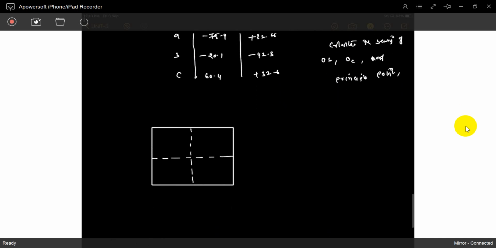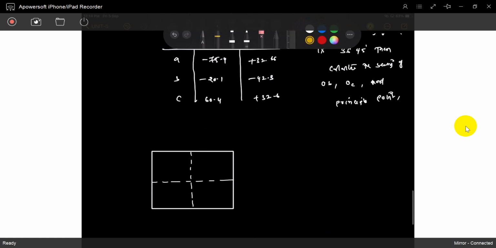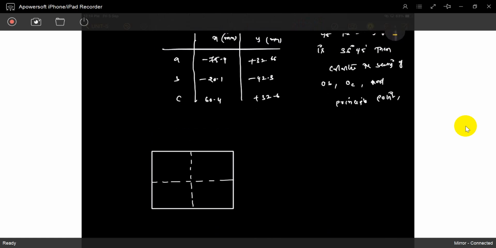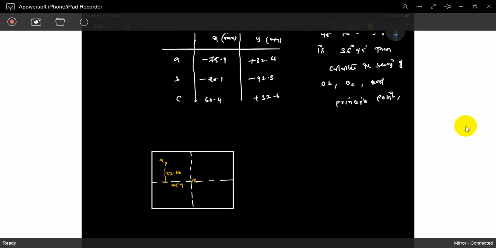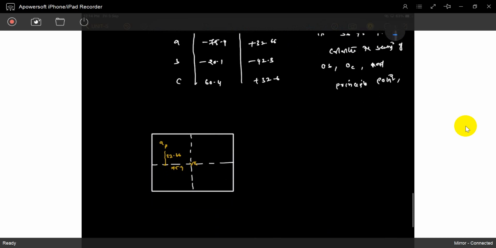Take it as a photograph, and observe where A, B, C are. A has X negative, Y positive: this is 75.4, this is 32.66. This is point A, and that's the principal point. Second, B: both are negative, 20.1 and 42.3.